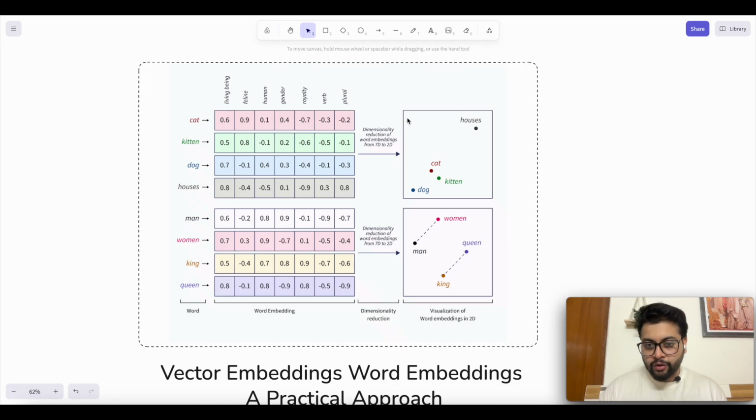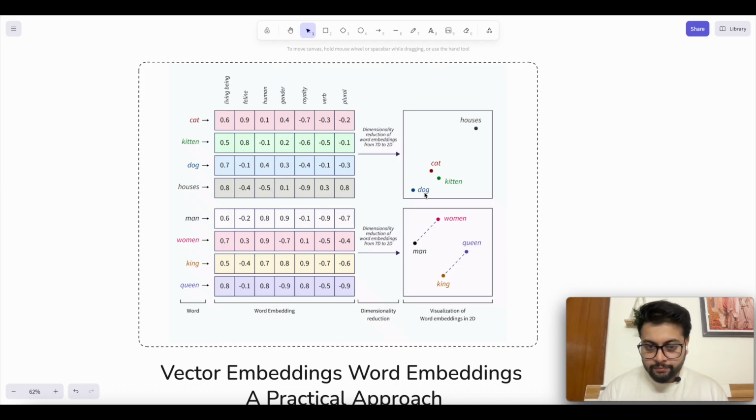Dimensionality reduction has converted the embeddings from 7 dimensions to 2 dimensions, and hence you can see dog, cat, and kitten are in a common place, close together, while houses are kept away from these words because the semantic meaning of houses is a bit away from dog, cat, and kitten.